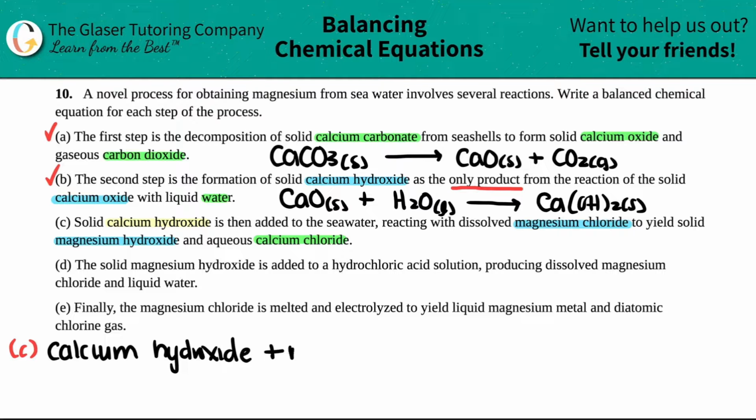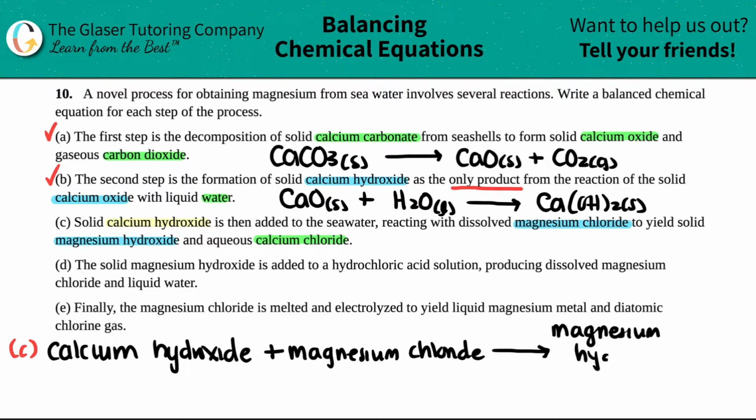So calcium hydroxide had to be reacting with magnesium chloride to yield. Whenever you see that, that means that it's that yield sign. And they tell us that we're yielding magnesium hydroxide and aqueous calcium chloride. Okay. So here's my formula.